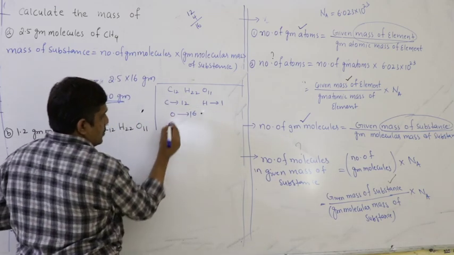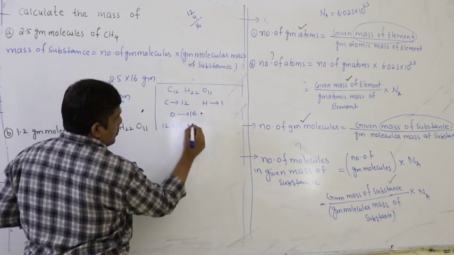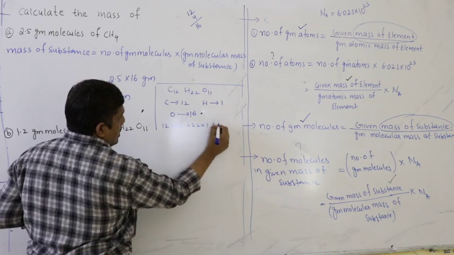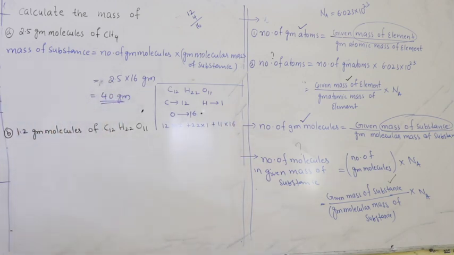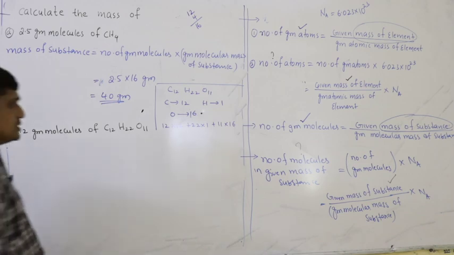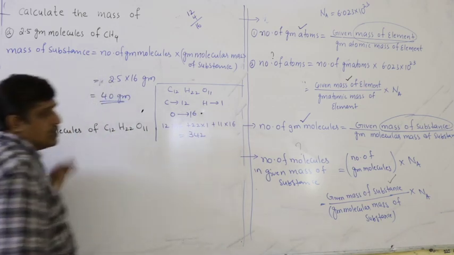So 12 into 12 plus 22 into 1 plus 11 into 16. If you simplify this, you will get 342.